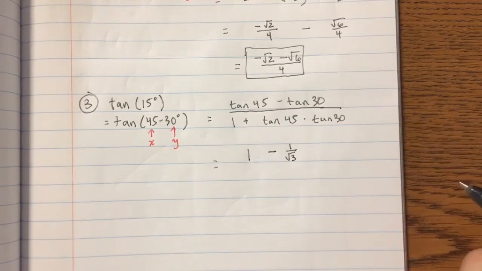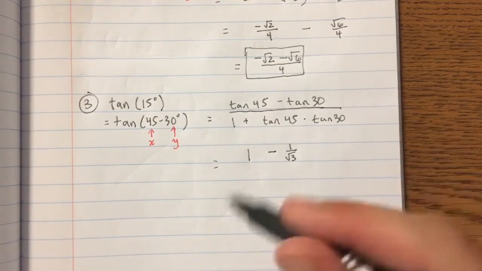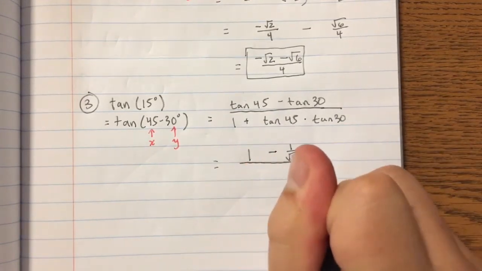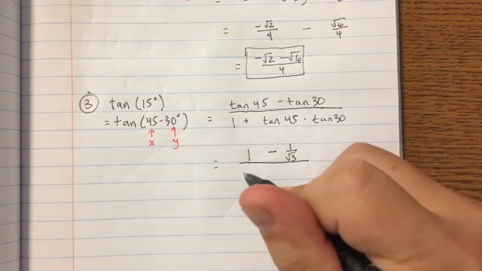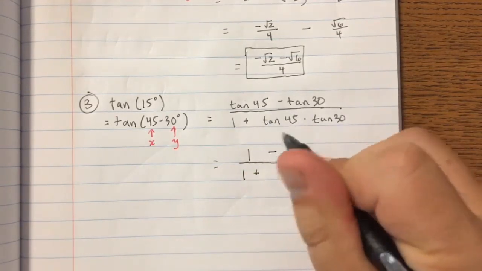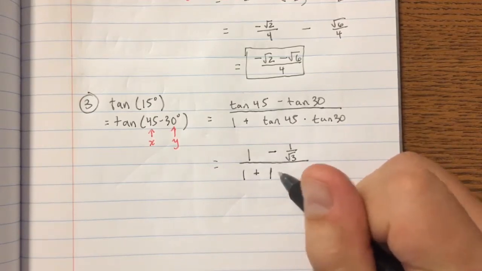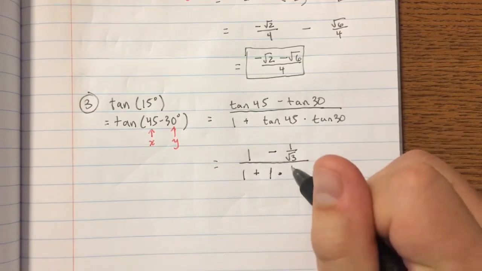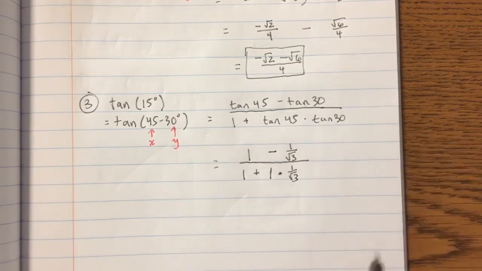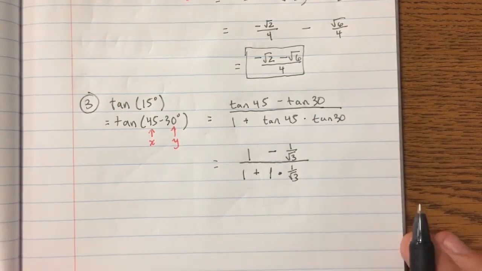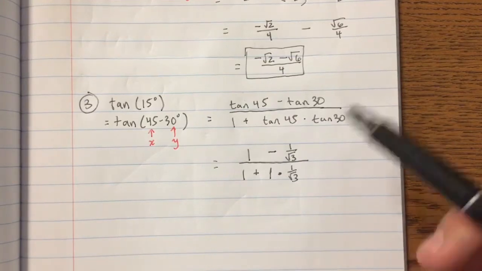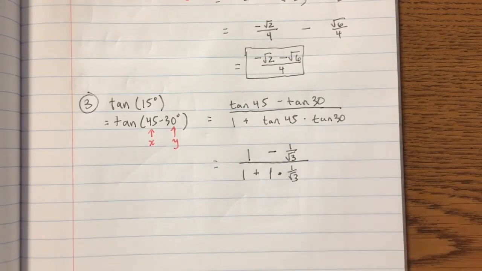Now you could rationalize that. I don't really care if you do or not, but that's fine. Divided by 1 plus tangent of 45, we already calculated that, that's 1, times tangent of 30, that's 1 over root 3. So I want to clean this up a little bit. I don't have to do a ton here, but what I want to do is get rid of this times 1, because when you multiply by 1, it doesn't really do anything.